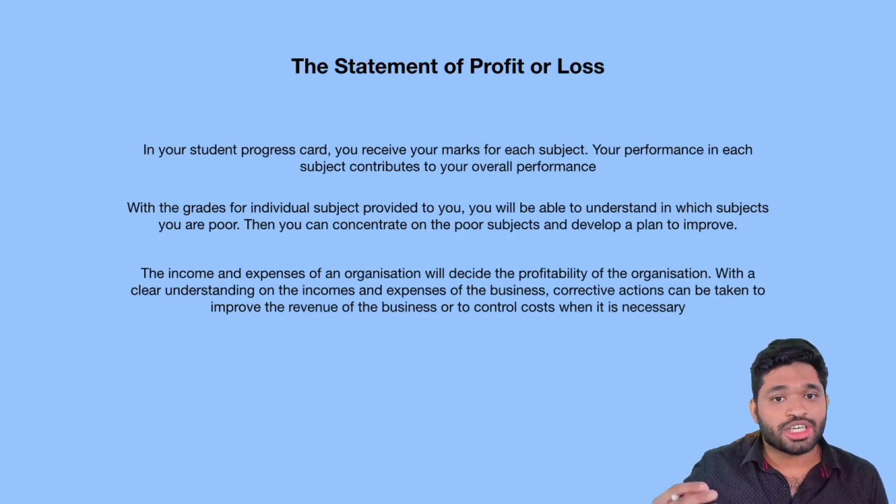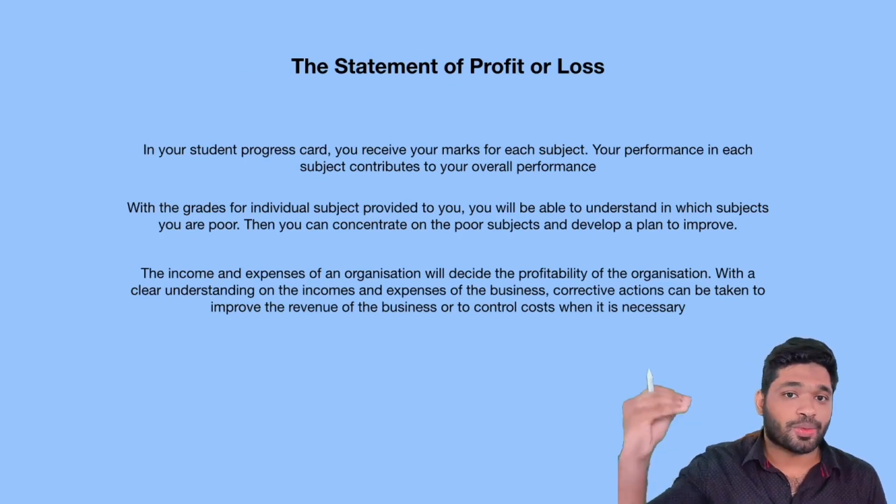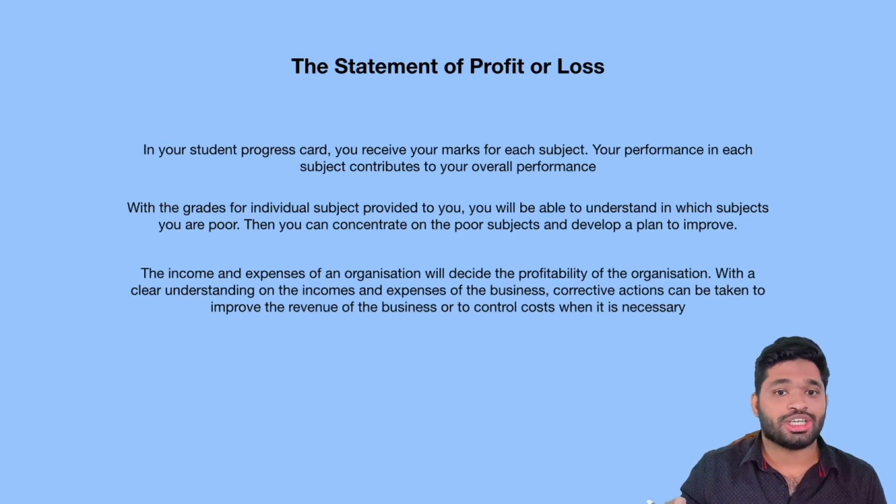So if you need to increase your profits, you need to improve your income, or you will need to reduce your expenses. To begin the process of improving your income and reducing your expenses, you first need to have an understanding of what your incomes and expenses are. So the statement of profit or loss will provide you that understanding.